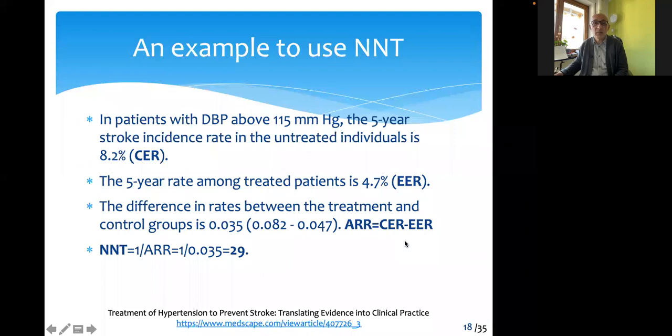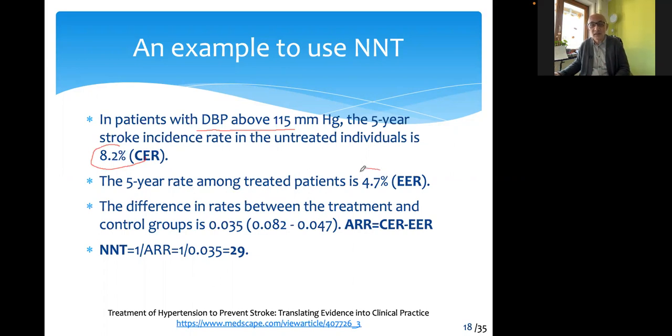Okay. An example to use the number needed to treat, NNT. This will make it very clear to you, I believe. We are interested in the stroke rates of people with hypertension, diastolic blood pressure above 115, over 5 years. If they don't get any medication, the risk of having the condition is 8.2%. Now, if I give them antihypertensive medications, I can decrease the risk, although it will not be zero.